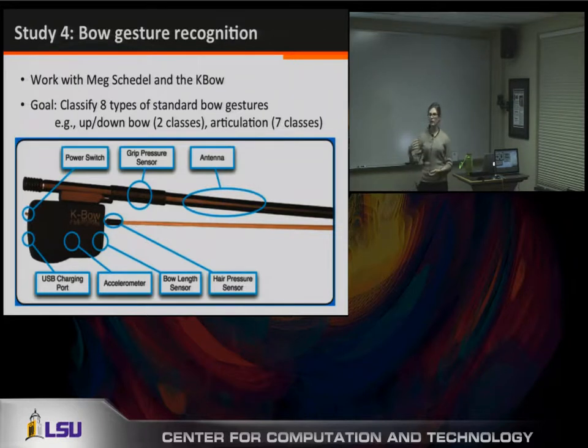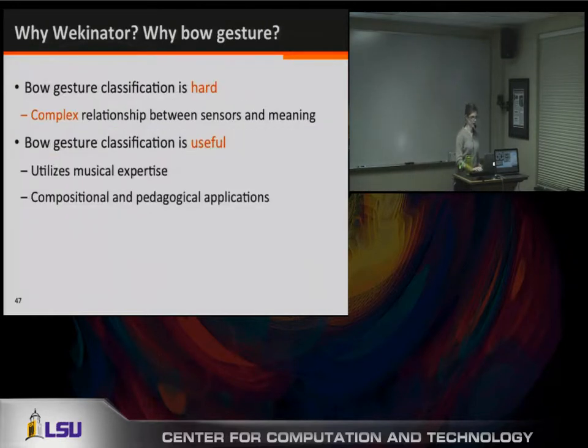Is she playing staccato, spiccato, legato, marcato, ricochet? I'm forgetting something. So that's a really non-trivial problem, and that's the first reason that we wanted to use the Wekinator for this. Bow gesture classification is hard. You really do, I think, need machine learning to do something like accurate articulation classification.